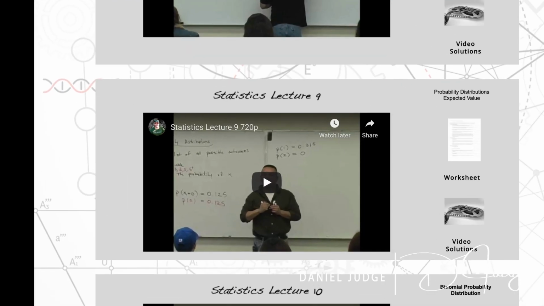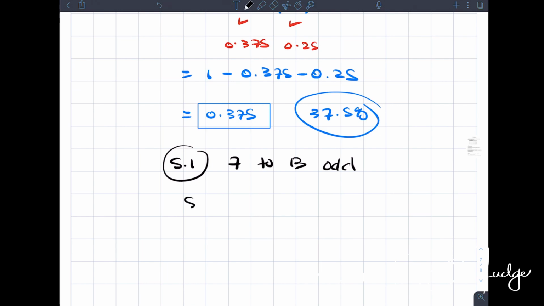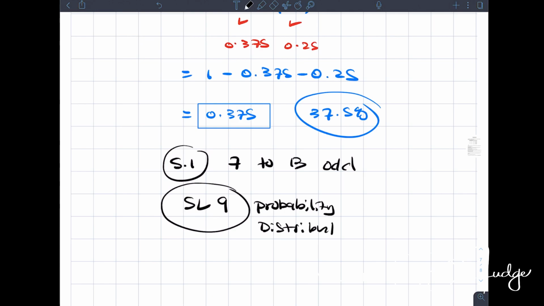What do you guys see over here on the right? Probability distributions. You guys see that there? So this will be statistics lecture 9 as well from the web. What's the title? Probability distributions.